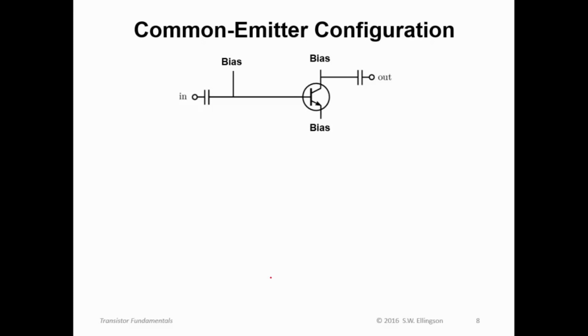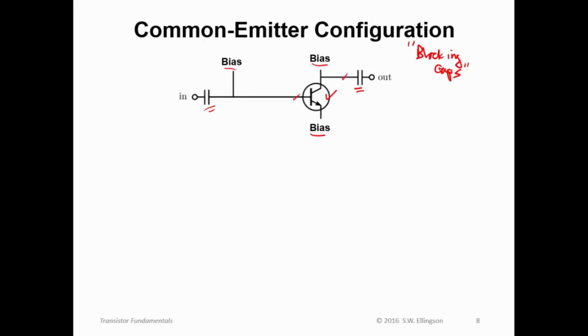Let's talk about the common emitter configuration in a little bit more detail, since this is the one we see most often, but again, not exclusively. Here is the orientation for common emitter. Input is taken and applied to the base. Output is taken from the collector. We have to bias the transistor somehow. And then also, I'm showing here blocking capacitors, or as we say, blocking caps.